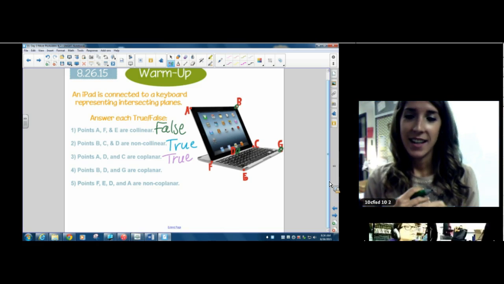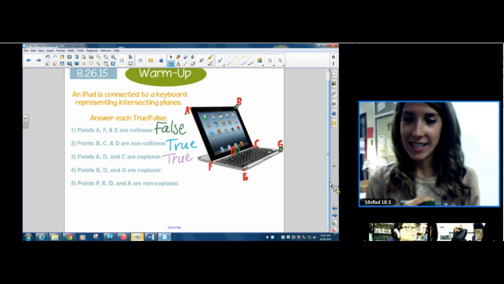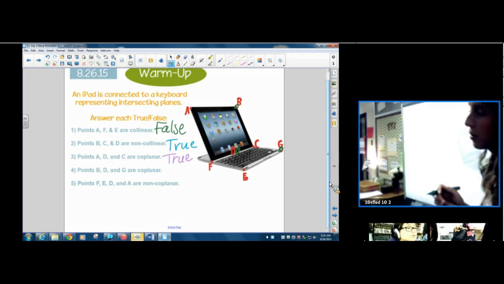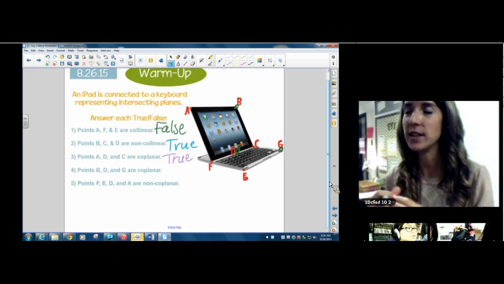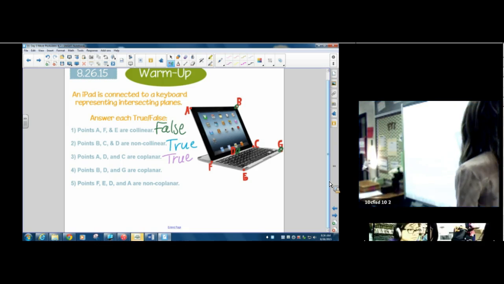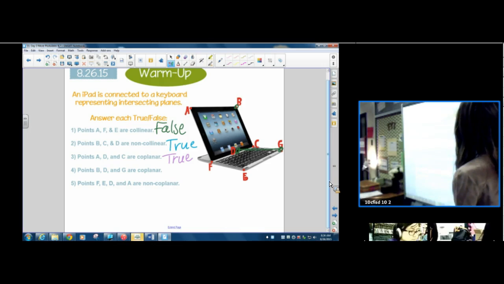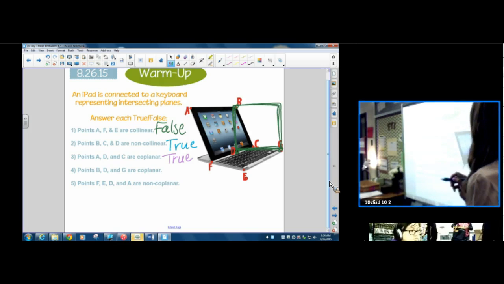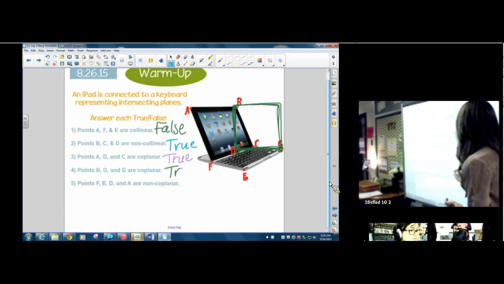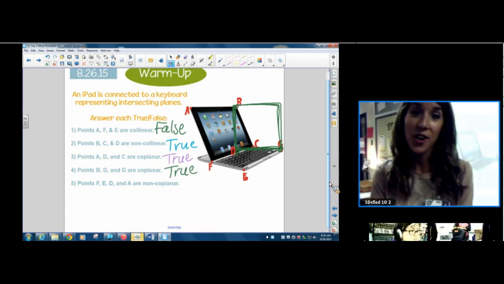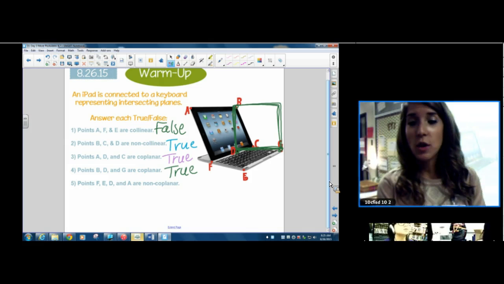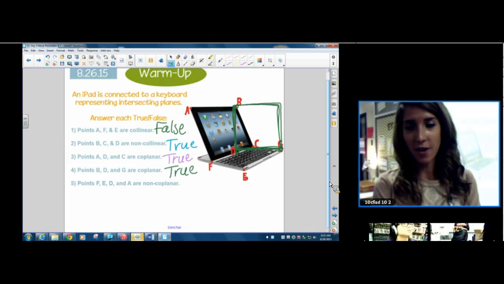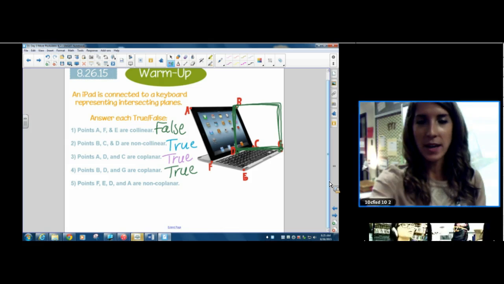And we're going to learn today in our lesson about how 3 points are coplanar. But notice, just because the plane isn't drawn doesn't mean the plane doesn't exist. So I just drew a plane and I included B, D, and G. So believe it or not, that one is true. And if you got it wrong, it's okay because we haven't learned that yet. It's like a pre-assessment.